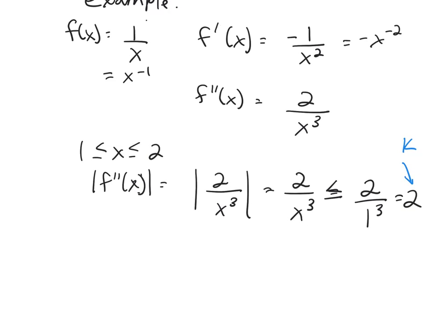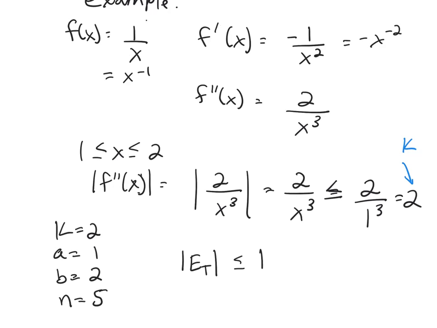All right, so now we know k was 2. The beginning of our interval a was 1. The end of our interval b is 2. And n, in our previous example, was 5. So now we can check what our trapezoidal error is using that approximation. Why did you plug in the 1 for x?